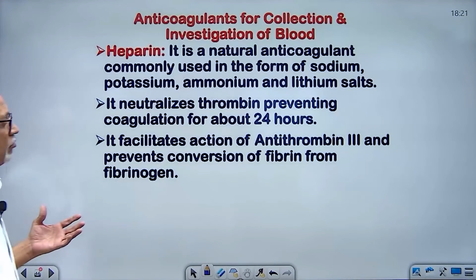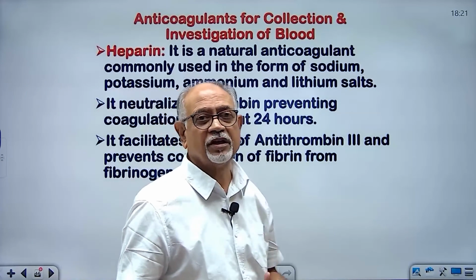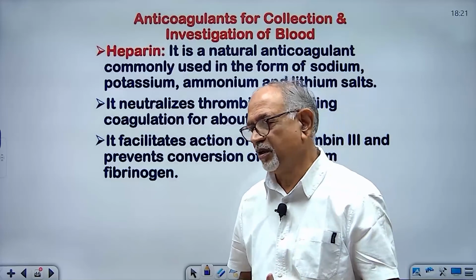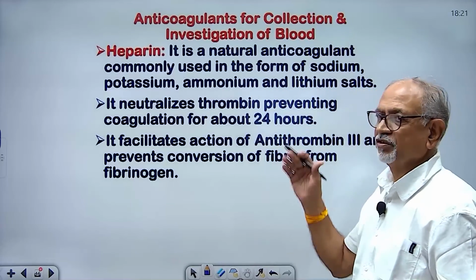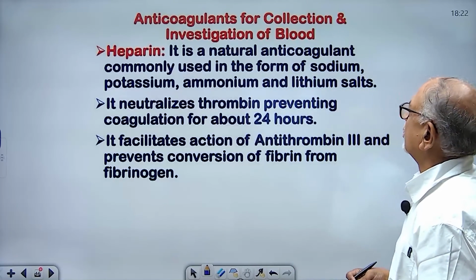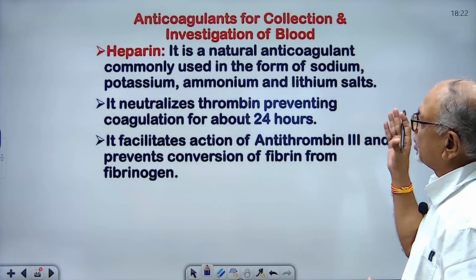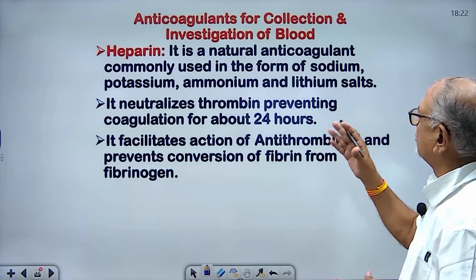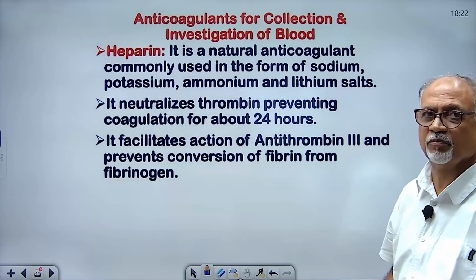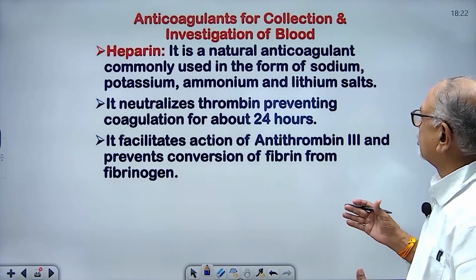Another anticoagulant used is heparin. As we have already mentioned, heparin is synthesized in the mast cells. It is a natural anticoagulant. It is commonly used in the form of sodium, potassium and ammonium salts.